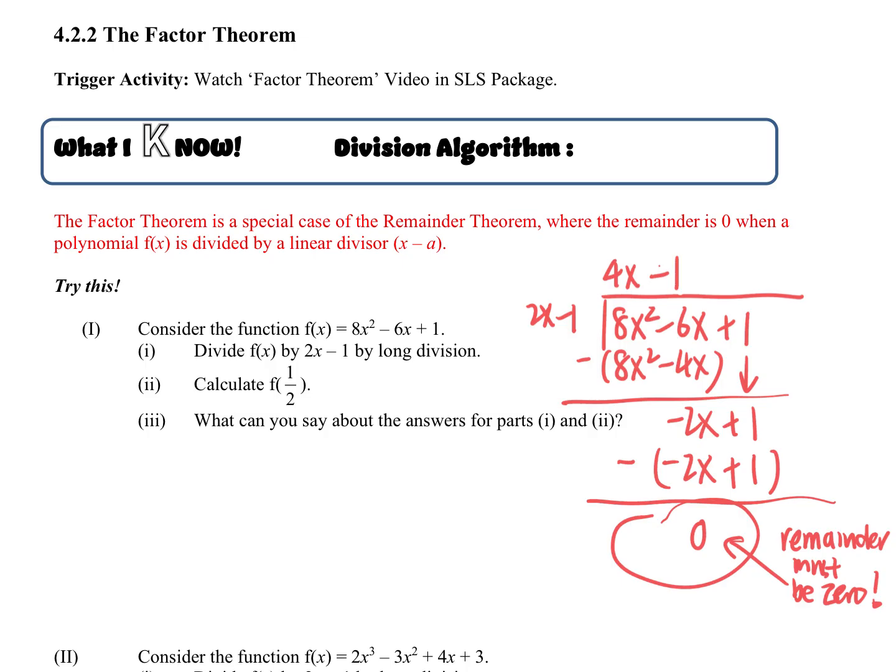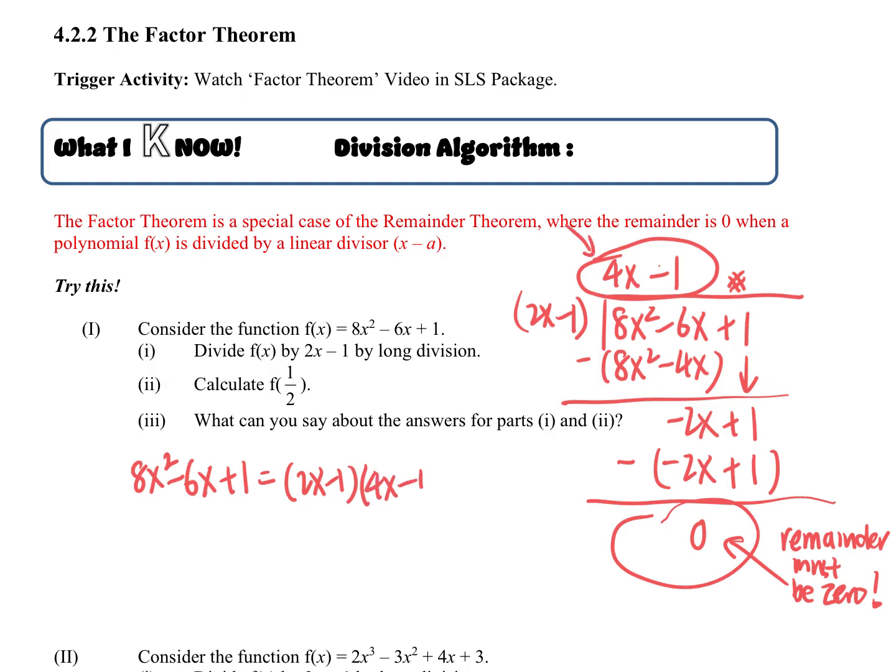Which means if I divide, this is my answer, and it shouldn't give me any remainder at all. And if I write this using my division algorithm, yesterday we all figured out that it is this one times this thing, and then plus the remainder 0. But because it's plus 0, it's as good as no need to write.